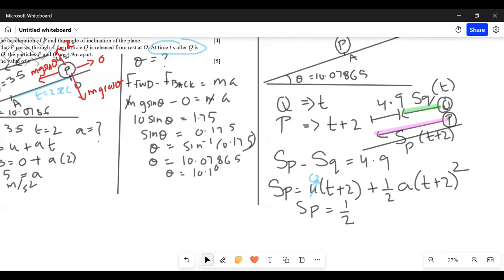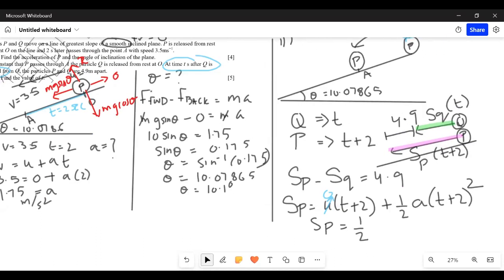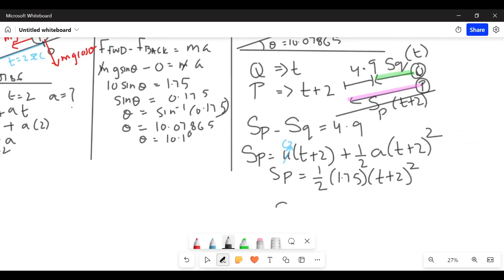So 1.75 in place of A. Half A times T plus 2 squared, that's the distance covered by P. Distance covered by Q is going to be the same U times T, which is now just T, plus half A T squared. So that's 0. So SQ is going to be half times 1.75 T squared.